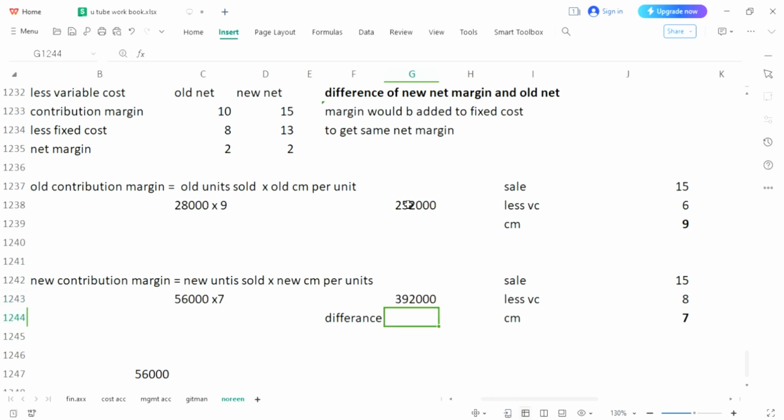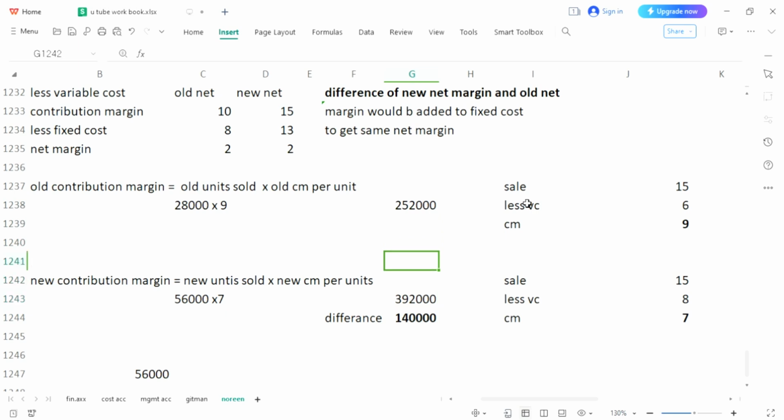So here we have 252,000 and 92,000, and the difference of these two amounts would be 140,000. So this is our answer. If you increase your advertisement expenses, or increase your fixed cost by 140,000, you will get the same profit. This is called incremental approach. With just 2 lines, you will calculate it.